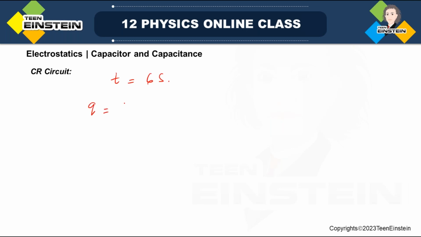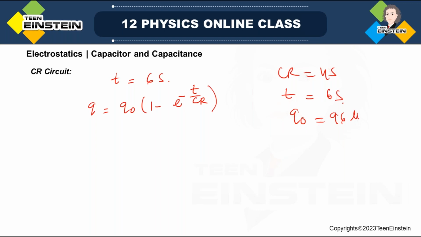We have to find Q is equal to Q0 into 1 minus e to the power minus t by CR. Here CR is 4 seconds, t is given as 6 seconds. Q0 we have found out already, 96 microcoulomb.